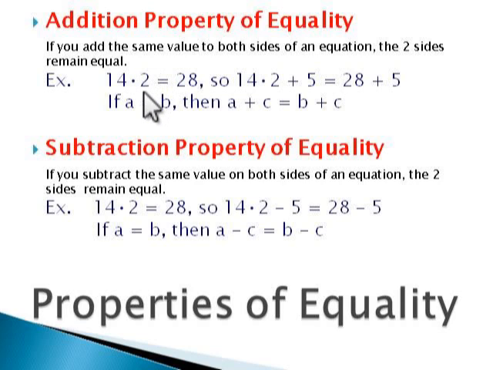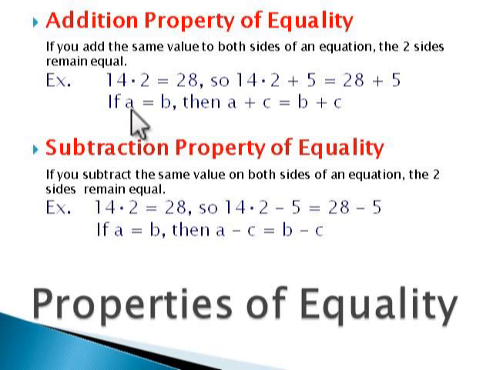So if you have 4 times 2 equals 8, that's our mathematical equation. And then we add a 5 to both sides. We add a 5 to the 4 times 2 side, and we add a 5 to the 8 side. They're still going to be equal. So here is our statement with that, showing any number.